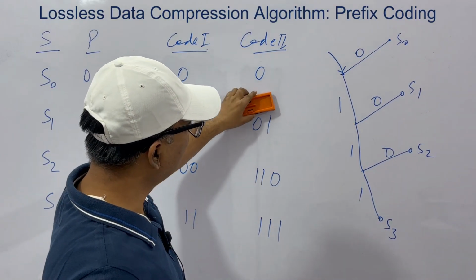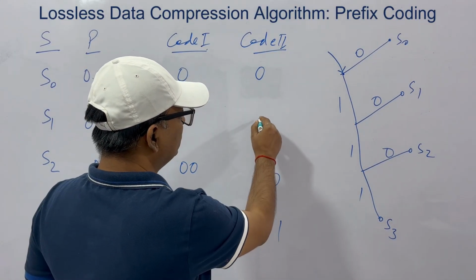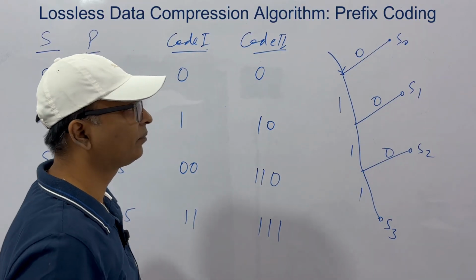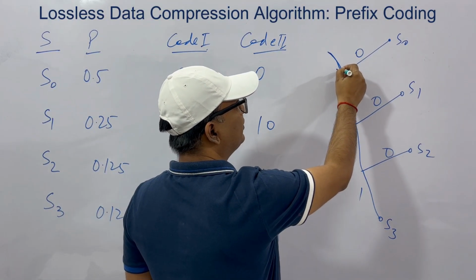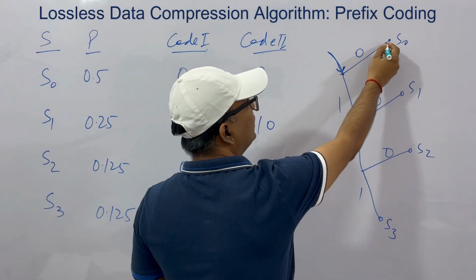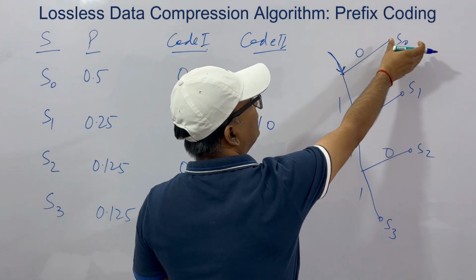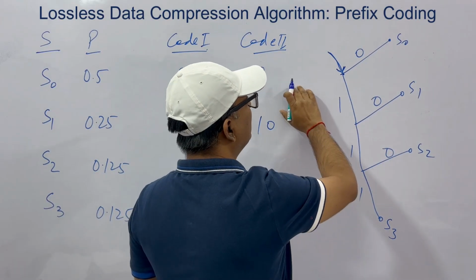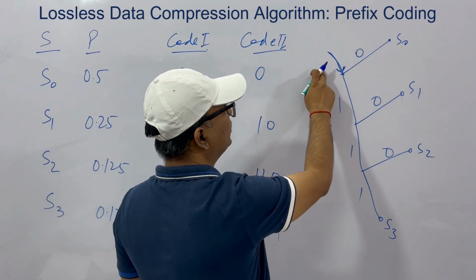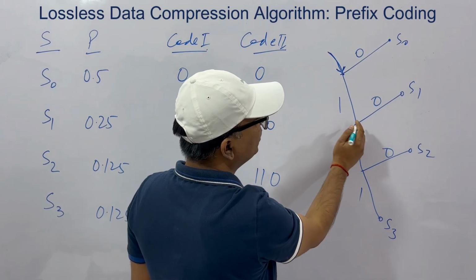Because I had written a wrong code. This is 10 for this one. Now the moment your prefix is 0, it sends to S0, and then it takes the sequence of codes, whatever message you have. Otherwise, if the prefix is 1, it drops to this point.